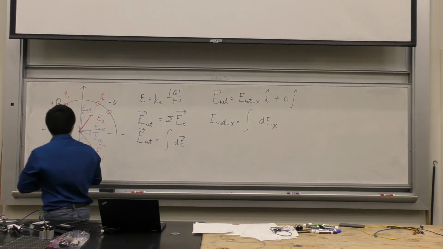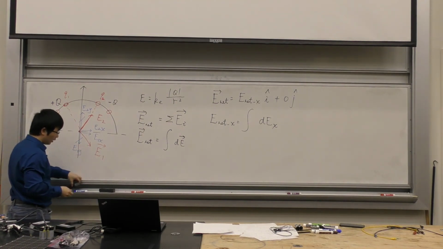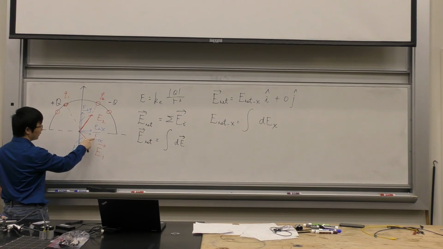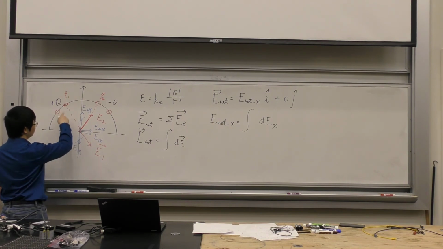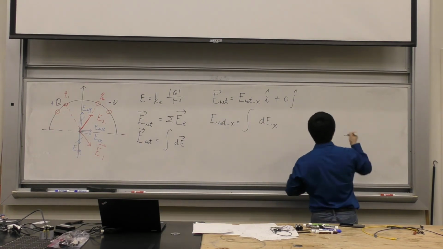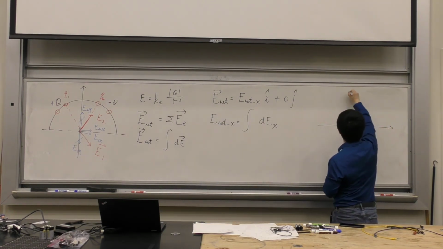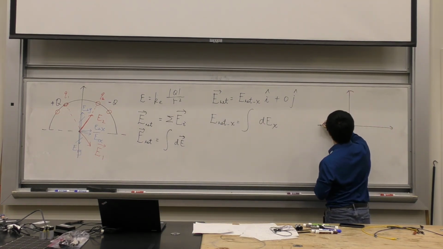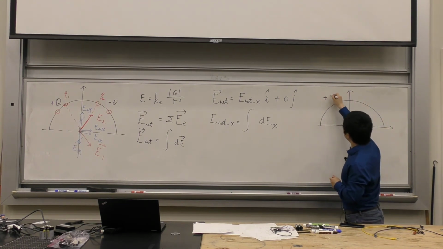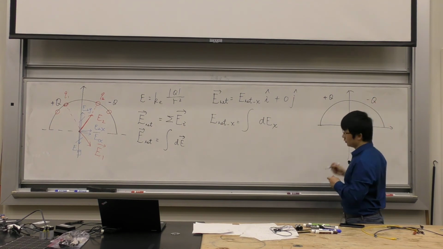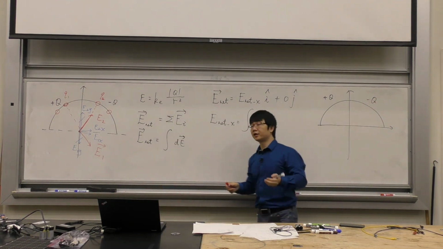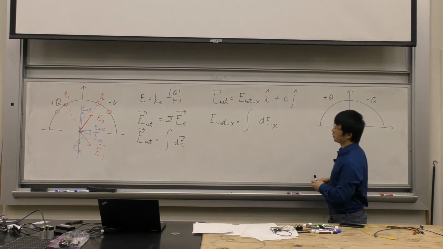Okay. Now let's see. So then you would have to find an expression for this dEx. Now you're just going to pick a dE. Now I'm going to redraw it, okay? So all I need to do is pick a dq somewhere, and then start from there, find an expression for dEx, and then just integrate that.